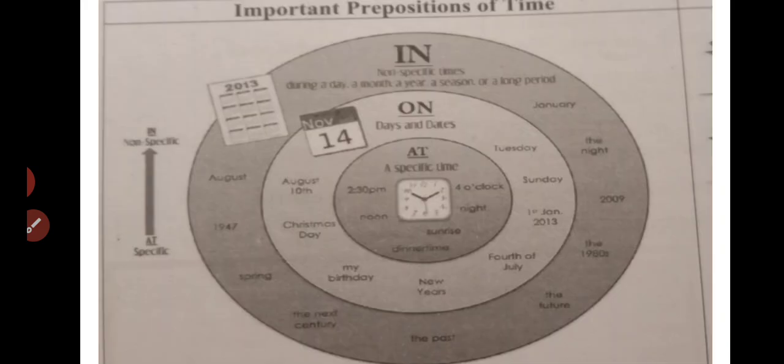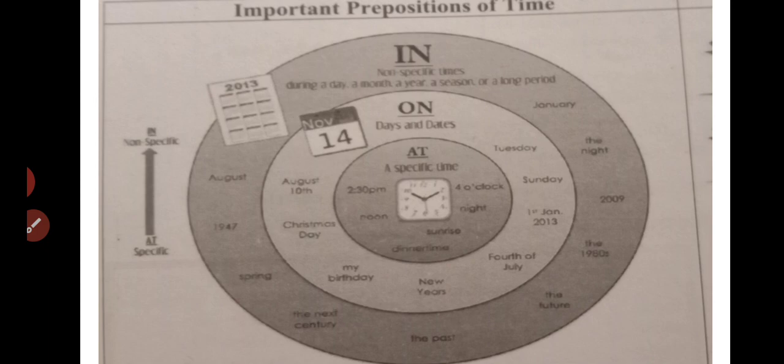Here I gave a picture to you. It will help you to find the prepositions in an easy way. Here you see the word in the outer part of the circle. This word in is used for non-specific times, and during a day and a month. If we say a month, January or February, I was born in January, I was born in February.